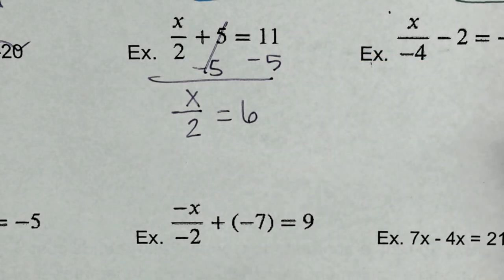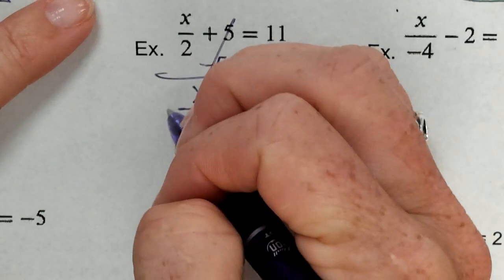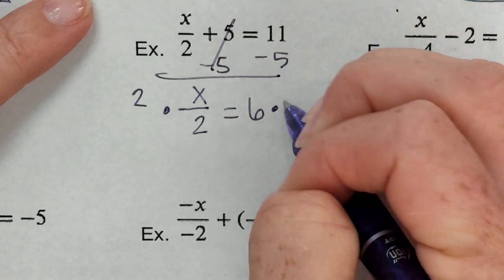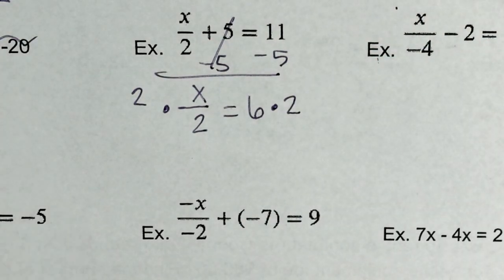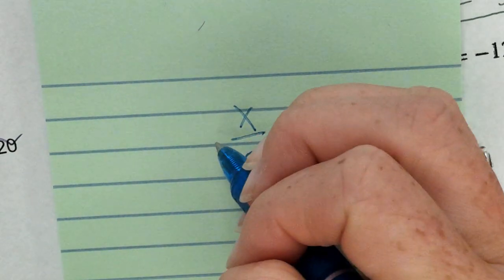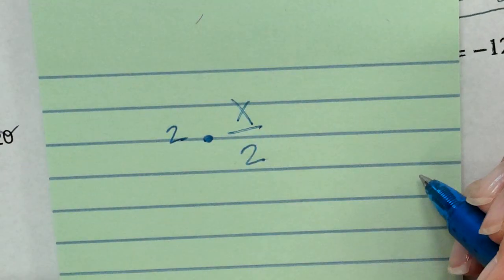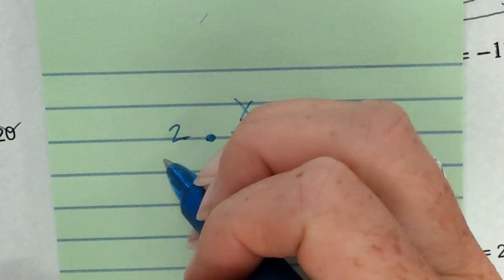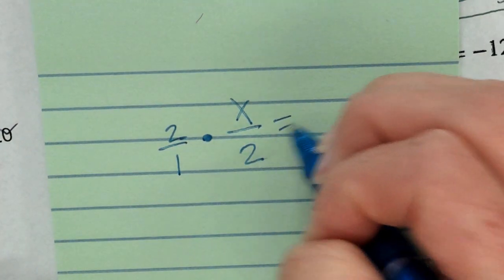What is the opposite? What is the inverse of dividing by 2? Multiplying by 2. Now, a lot of you are like, I want to see, how does that cancel out? So I'm going to show y'all. You don't have to get it, but a lot of you want to get it. So look, if I have x divided by 2, and I want to get rid of the 2, and I multiply by 2, how does it cancel out? Well, when you multiply fractions, you multiply straight across.